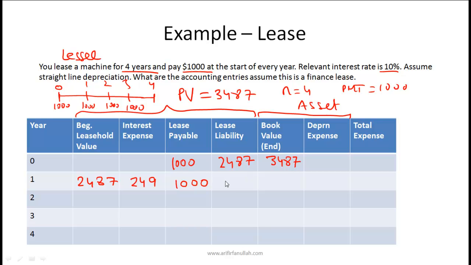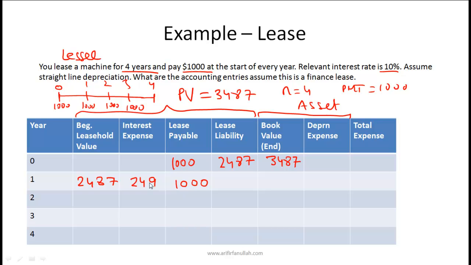The lease payment at the beginning of year 1 is 1000. So how do we calculate our lease liability? We do 1000 minus 249, and that number is the amount by which we reduce the leasehold value.